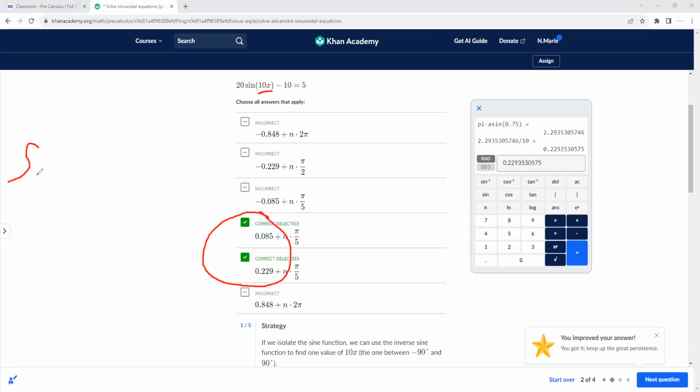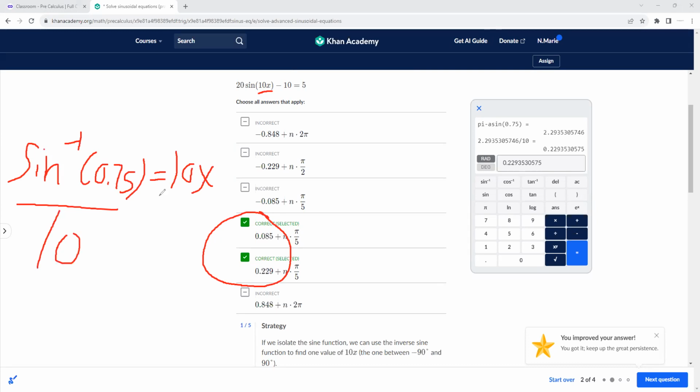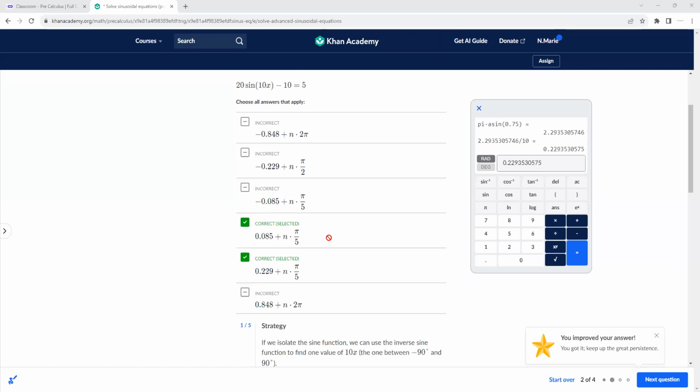We had the inverse of sine equal to 10x. And so if we divide that by 10, it's going to move the decimal place over. If we divided our other answer by 10, it's going to move the decimal place over. And so that's our answer for this one.